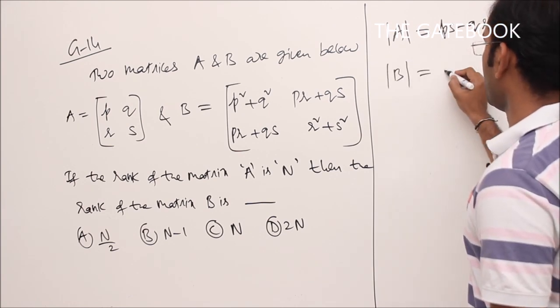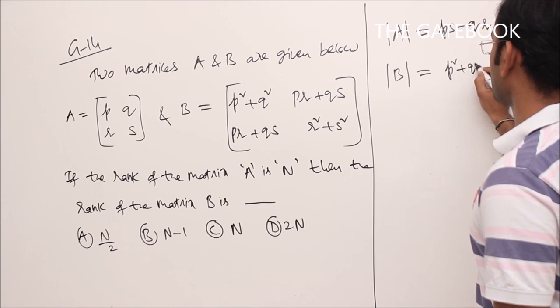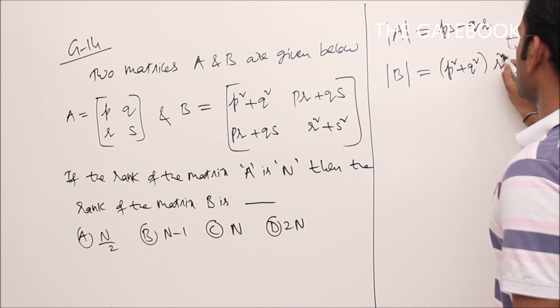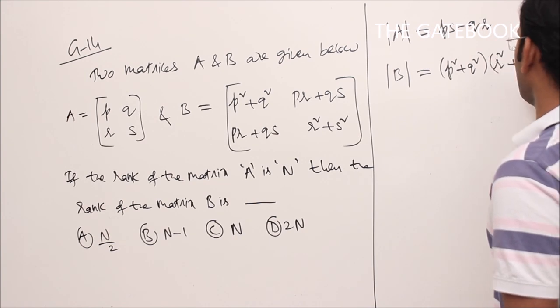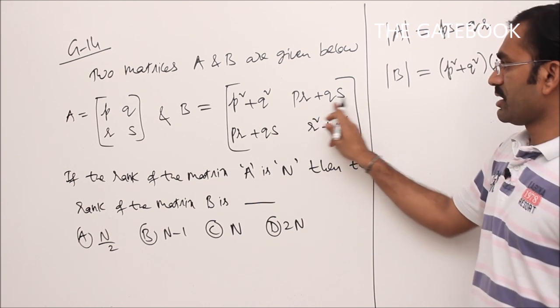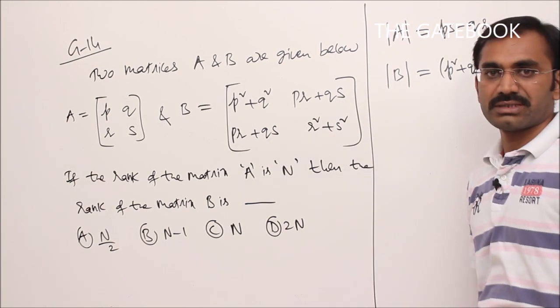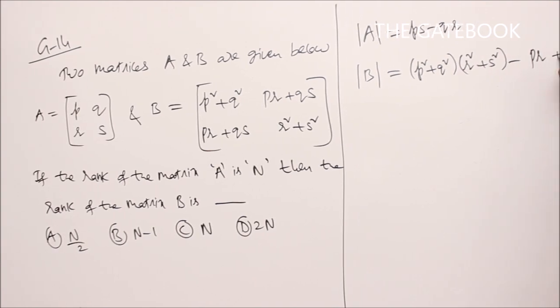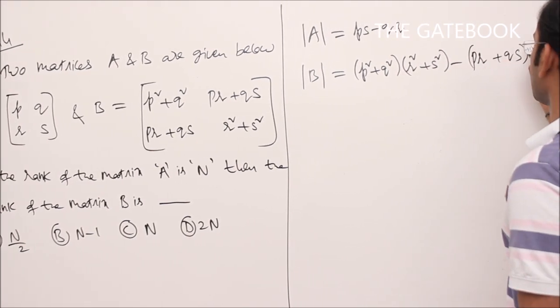So finding the det B value: (P square plus Q square) into (R square plus S square) minus (PR plus QS) whole square.